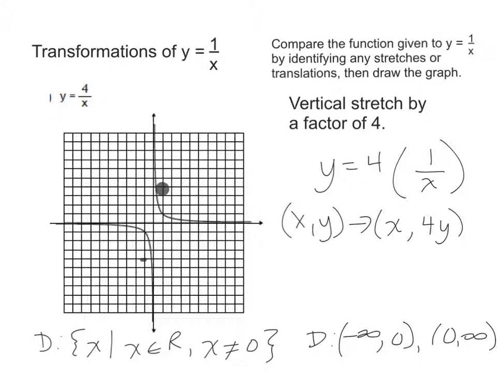That would go to (2, 2), yep. So that's going there. And then (3, 1/3), or let's do (4, 1/4). Where would that one go? (4, 1).